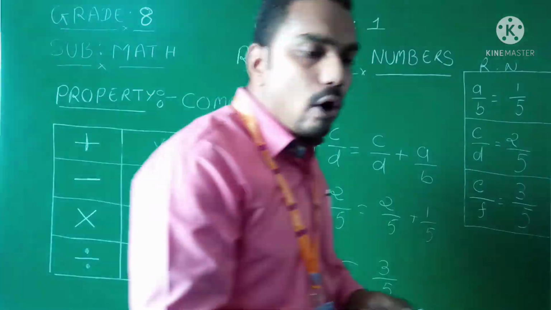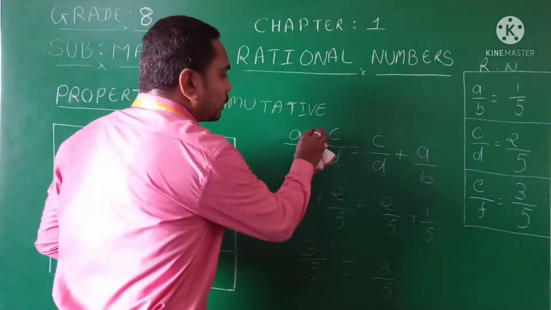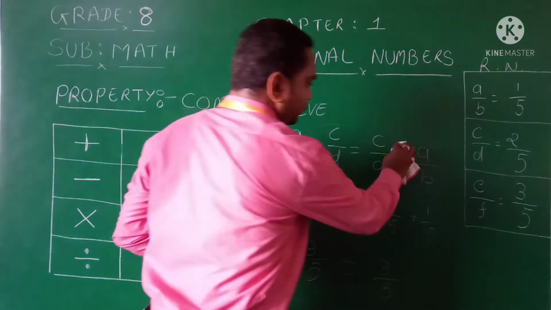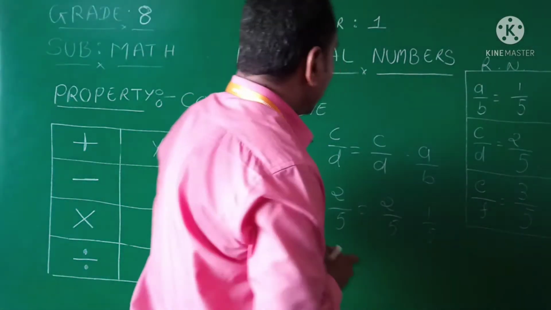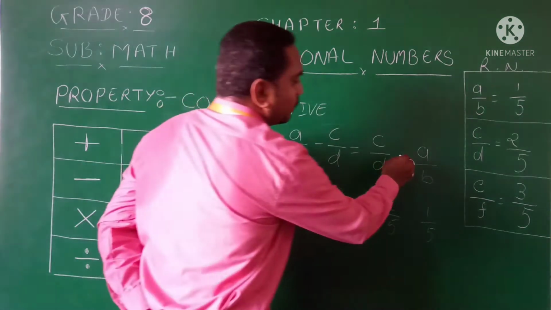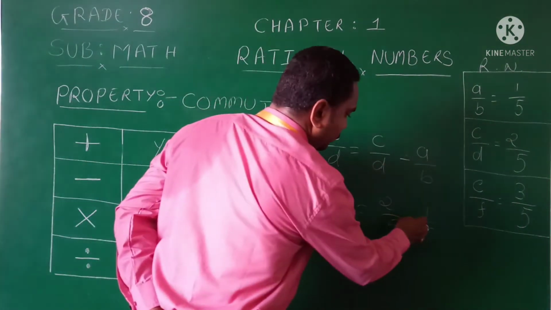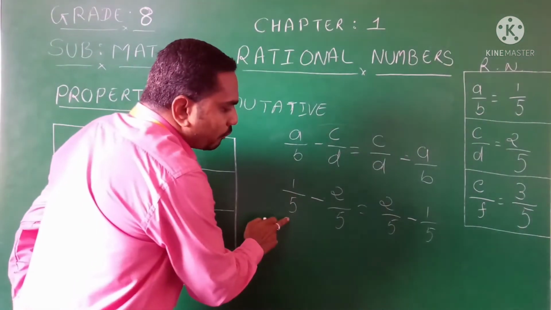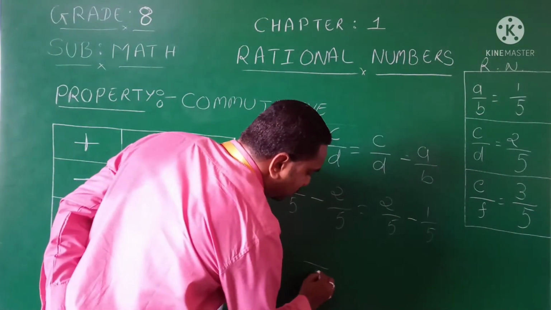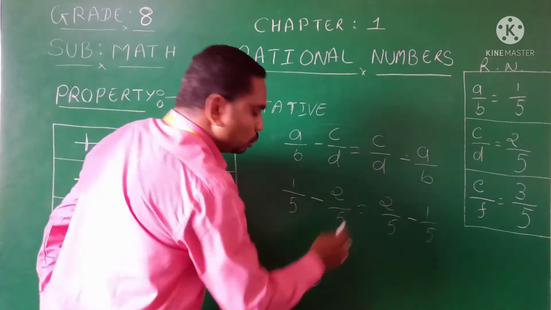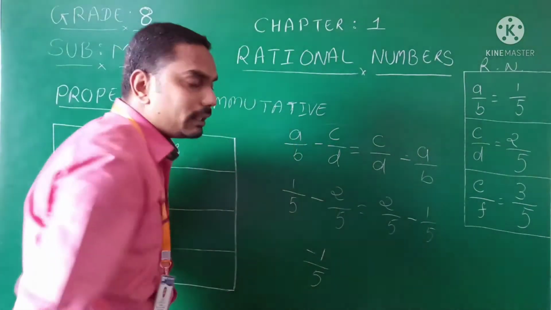So for an addition process, for the rational number, the commutative property is applicable. Now let's understand for the subtraction. See, 1 upon 5 minus 2 upon 5. Here the denominators are the same, so we will write denominator 5. 1 minus 2 is minus 1.